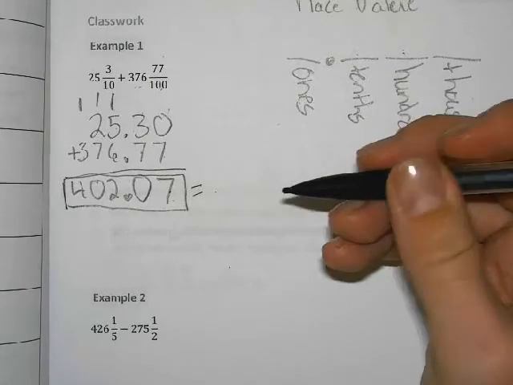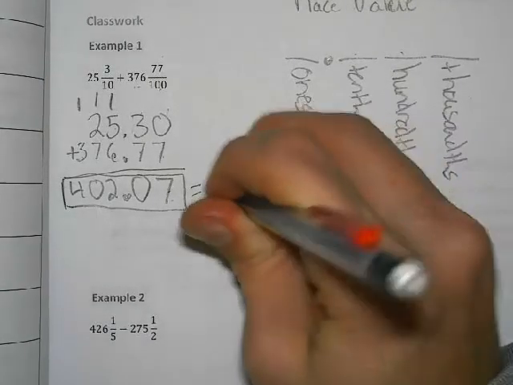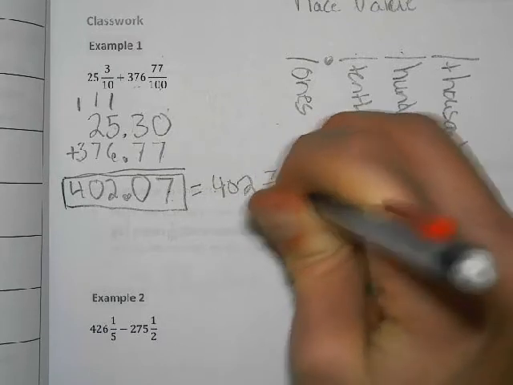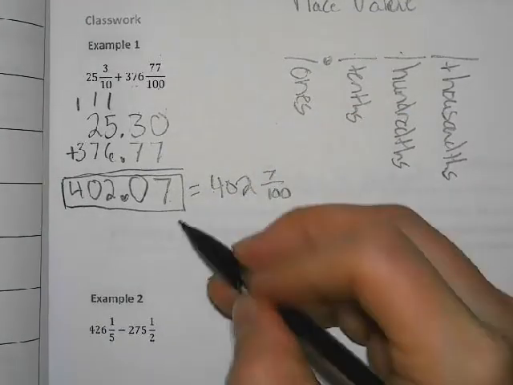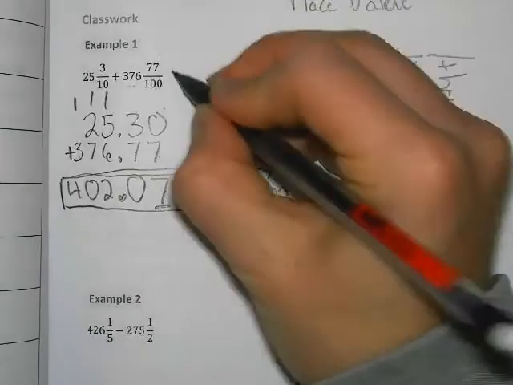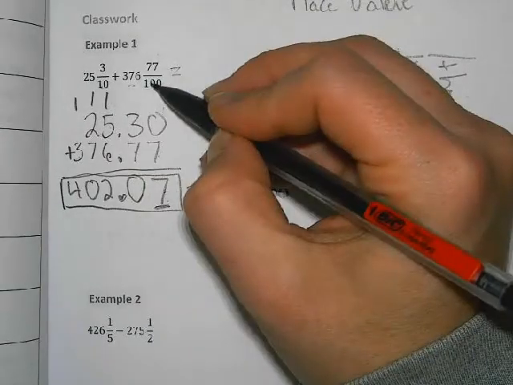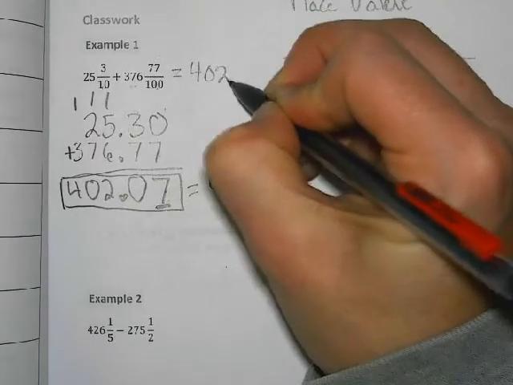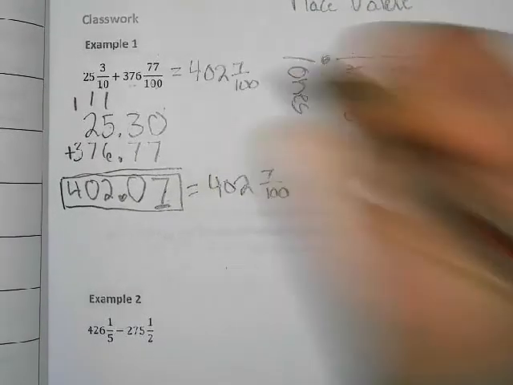If I wanted to write that as a fraction, I would have 402 and 77/100, all because the 7 is in the hundredths place. So I'll go ahead and put that. If the question is in fractions, you should give your answer in fractions. So that's 402 and 77/100.